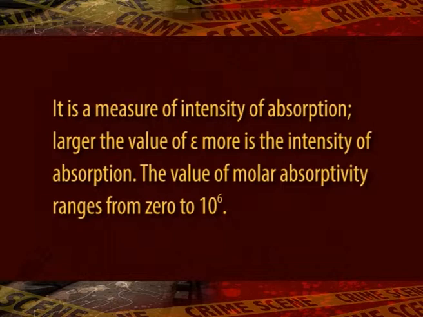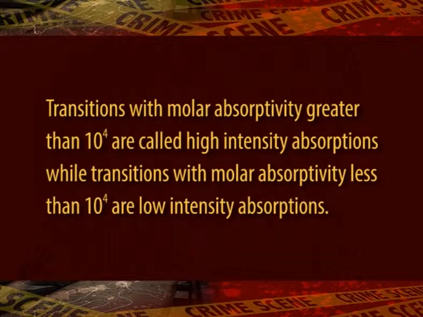The value of molar absorptivity ranges from 0 to 10 to the power of 6. Transitions with molar absorptivity greater than 10 to the power of 4 are called high intensity absorptions, while transitions with molar absorptivity less than 10 to the power of 4 are low intensity absorptions.